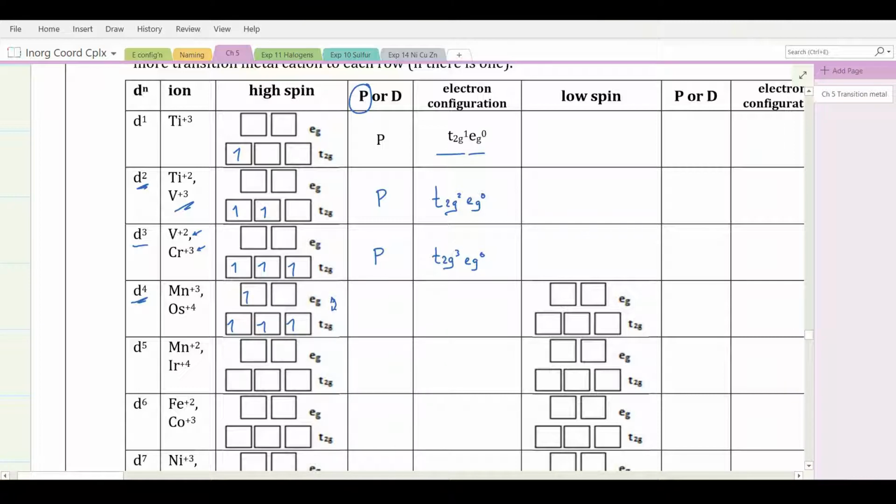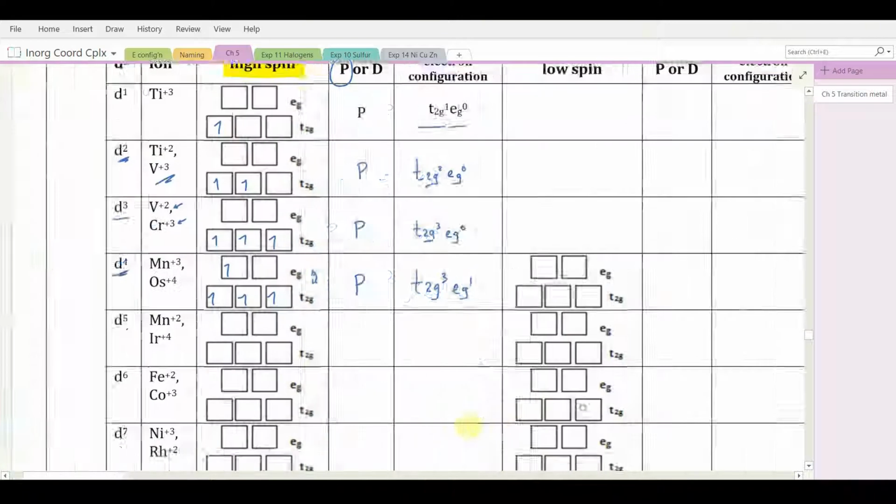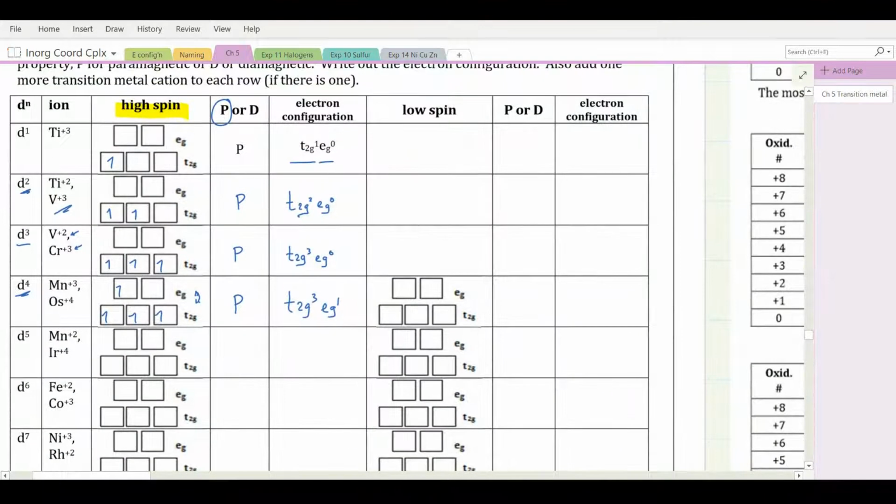This condition, we see it's paramagnetic. Note, it's called up here, this is called a high spin state. The electron configuration would be written as T2g3 Eg1.